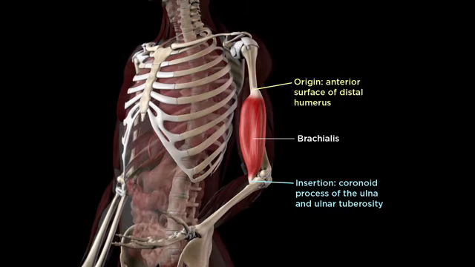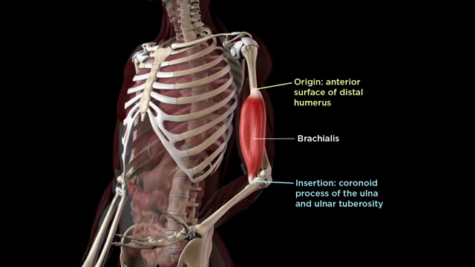The third and final muscle of the anterior compartment of the arm is the brachialis, which only crosses the elbow. It takes origin off the distal half of the anterior humerus and inserts on the ulnar tuberosity and coronoid process of the proximal ulna.